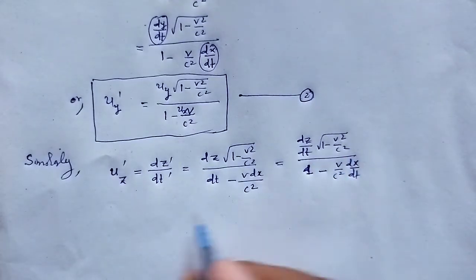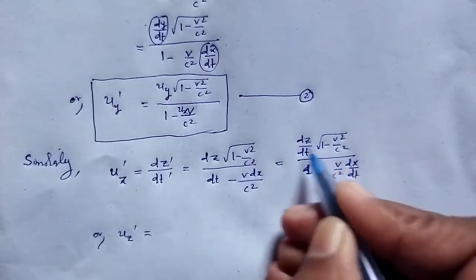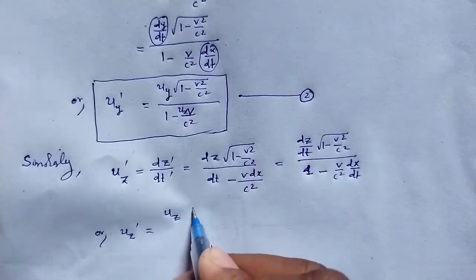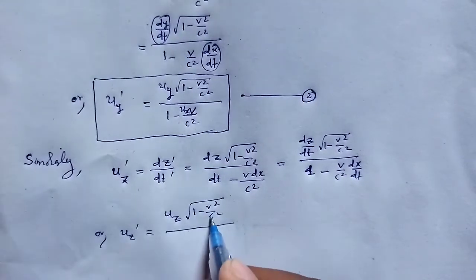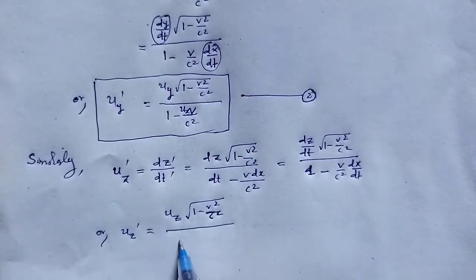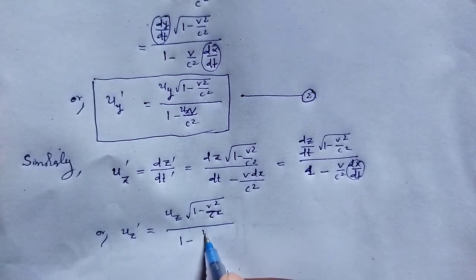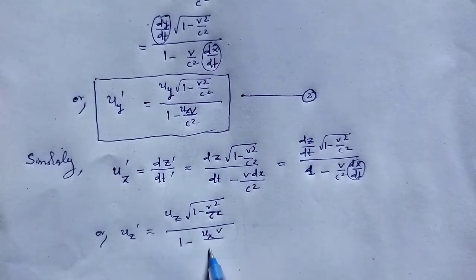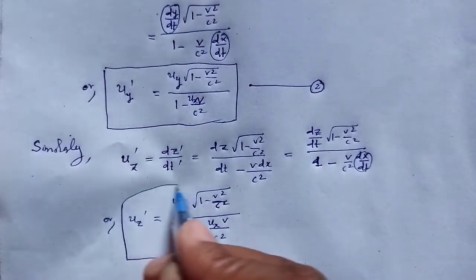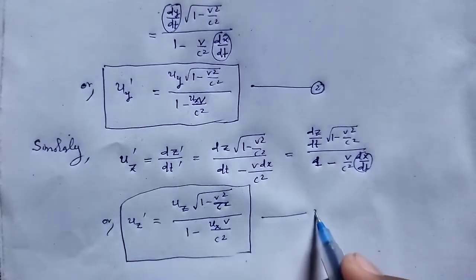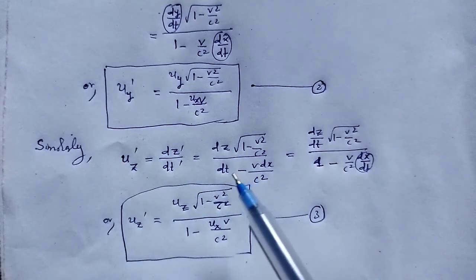That is, uz dash is equal to dz by dt, that is uz square root of 1 minus v square by c square divided by 1 minus dx by dt, that is ux v divided by c square. This is the value of uz dash, equation number 3, very similar to that of uy dash.